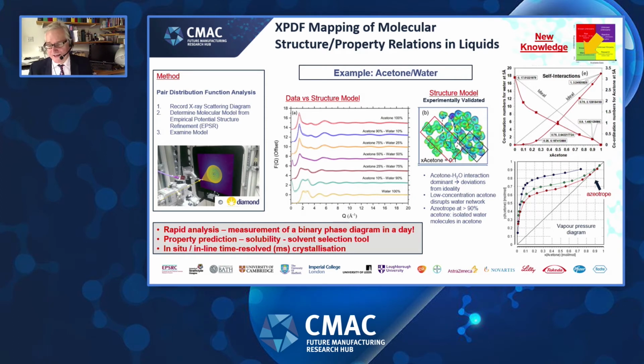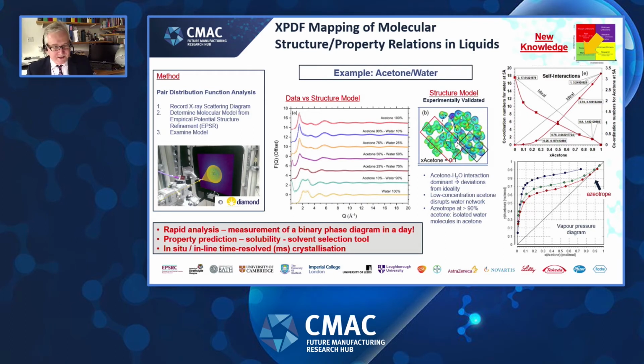And that then, if you go into detail, enables you to understand things like, for example, the deviations from ideal behavior in distillation, azeotrope formation in distillation. I'm showing you a vapor pressure diagram for the system here at the bottom right. But a lot more.